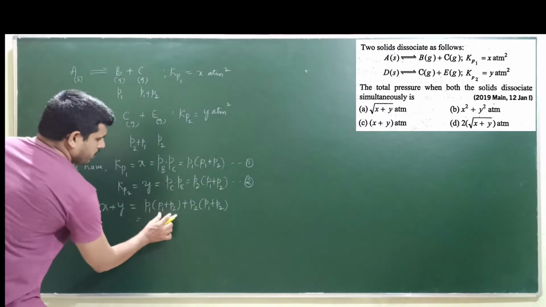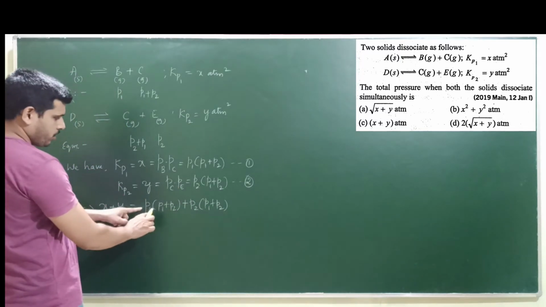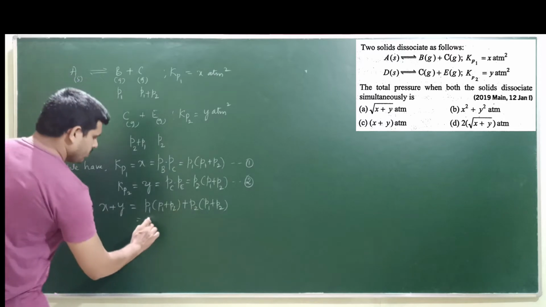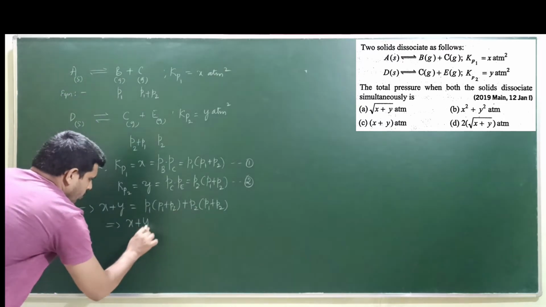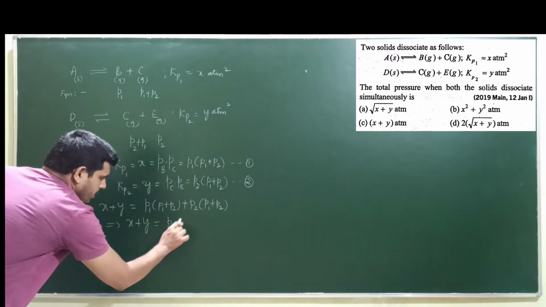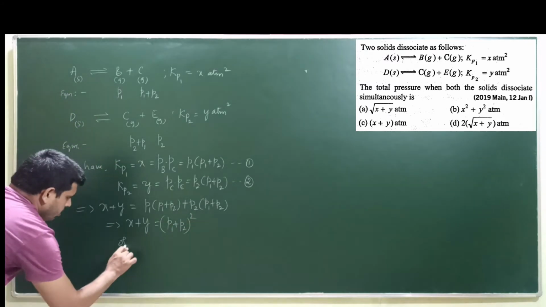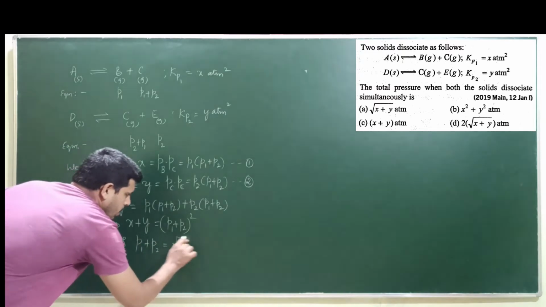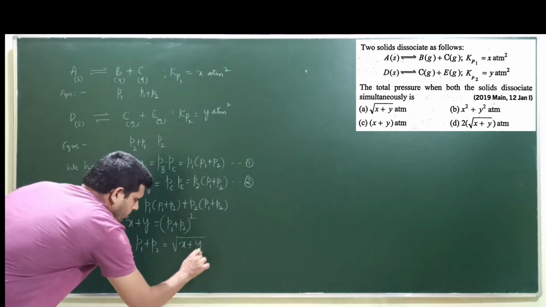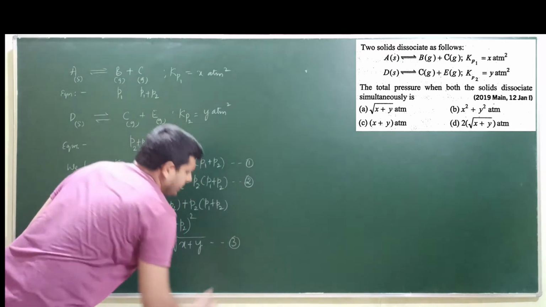So P1 plus P2 is common. When you take P1 plus P2 outside, what remains is P1 plus P2. So X plus Y is equal to P1 plus P2 the whole square, or P1 plus P2 is equal to root of X plus Y. So this is equation 3. I'm not done yet.